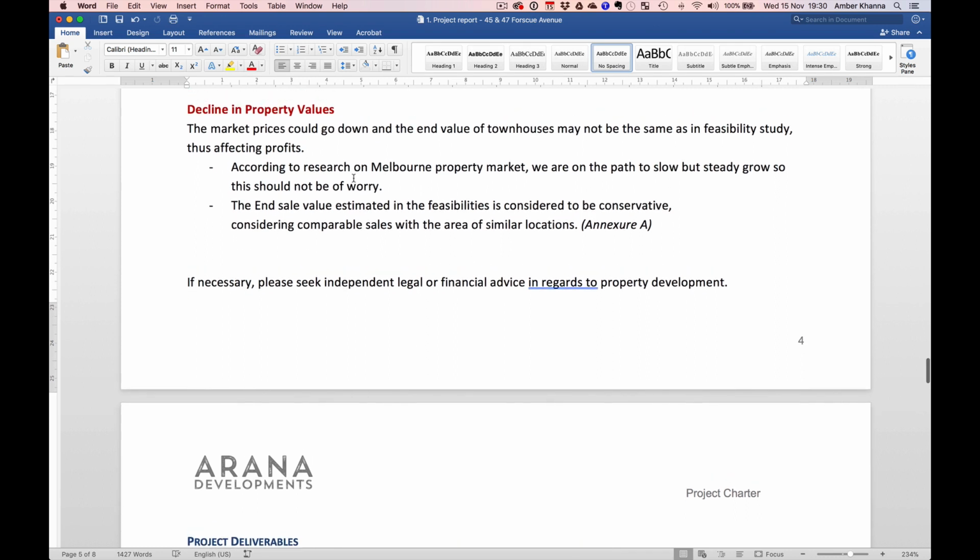So yeah, according to research on the Melbourne property market, we are on the path to slow but steady growth. Not really. I don't agree. Yeah. I agree with this, because there are both schools of thought here. There's a report by Colliers that recently came out where they've shown that Melbourne is the hottest place for property at the moment, and how it's driven by all the people who have migrated here, and it's happening because of strong population growth, and not because of anything else.